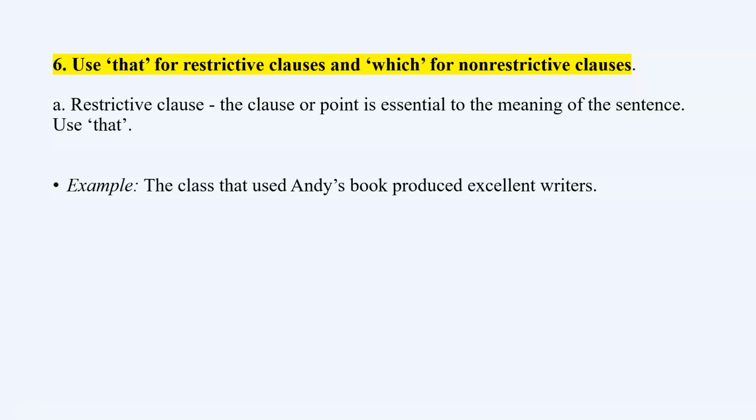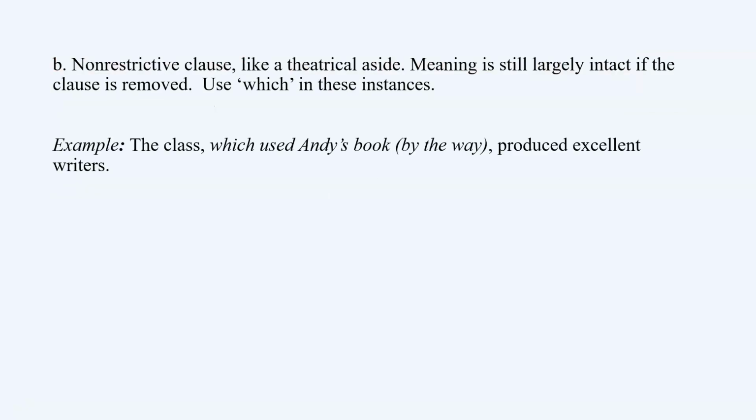It was the class that used Andy's book that produced the excellent writers. Thus, the clause that used Andy's book is essential to the point of the sentence, as we are clearly identifying a particular class. That's an example of a restrictive clause. The class that used Andy's book, that is essential to the meaning of the sentence.